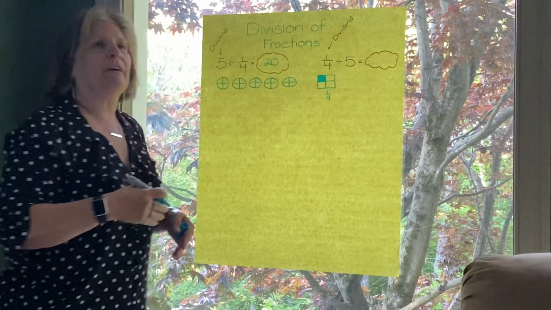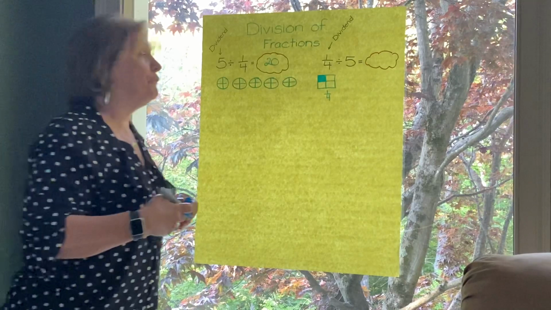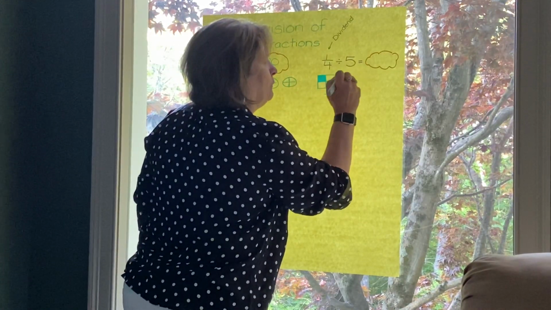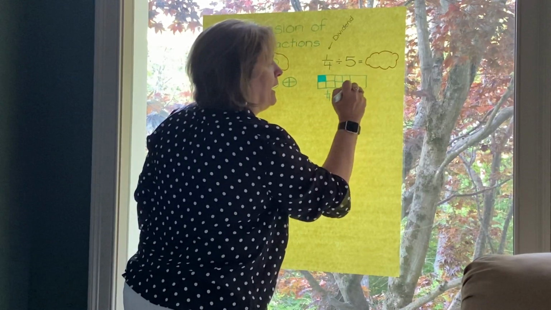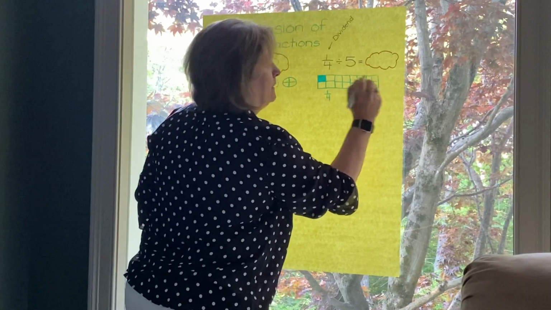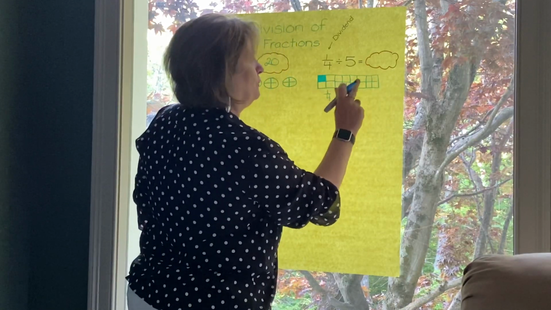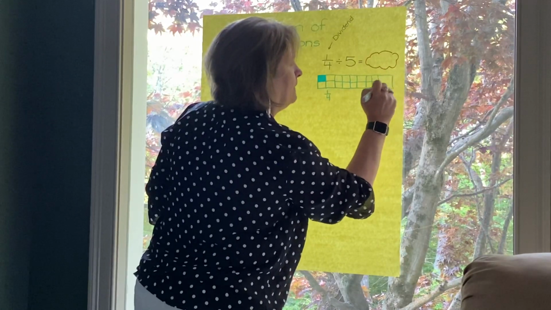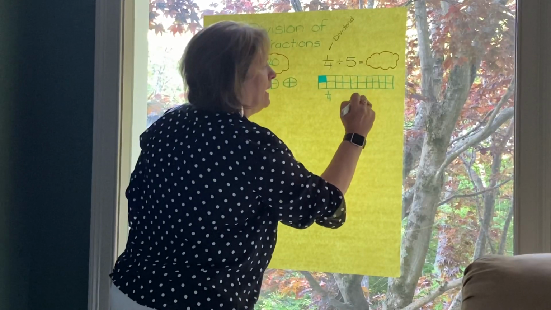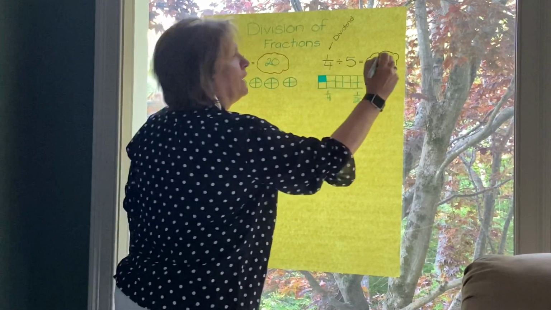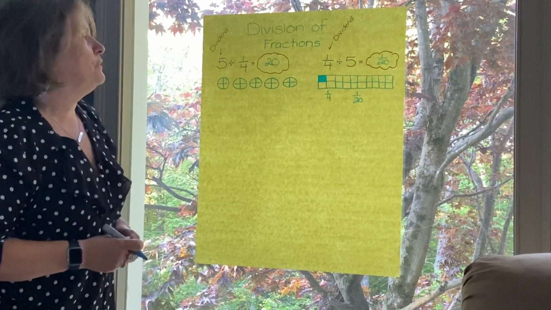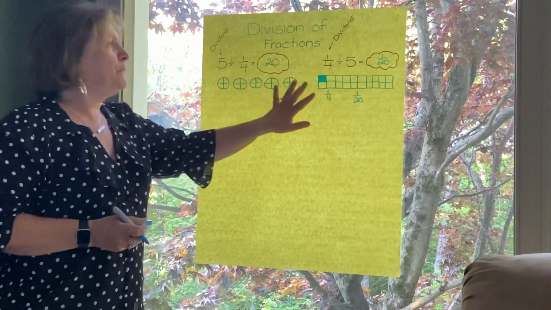I no longer am going to have 1 out of the 4 pieces, but instead I would have 1 out of 20 equal pieces. 1, 2, 3, 4, and 5. And so now this piece represents 1 out of 20. So if I start with a fraction and divide it by a whole number, it's going to be an even smaller fraction. So that's what we did last week.